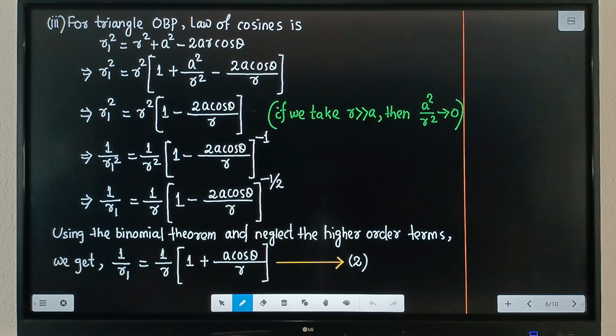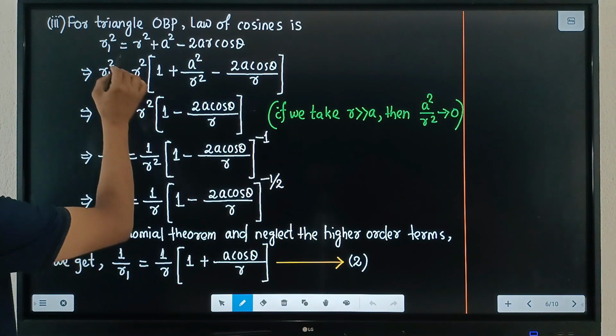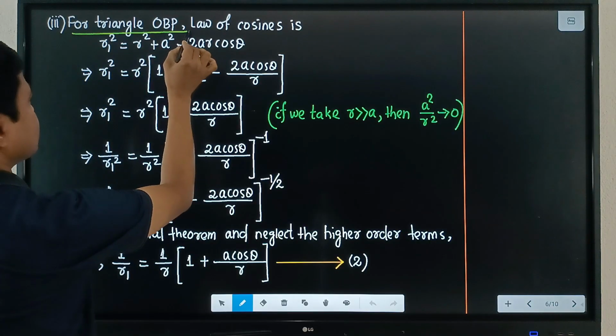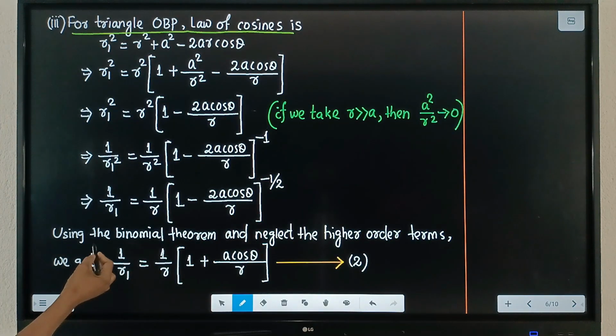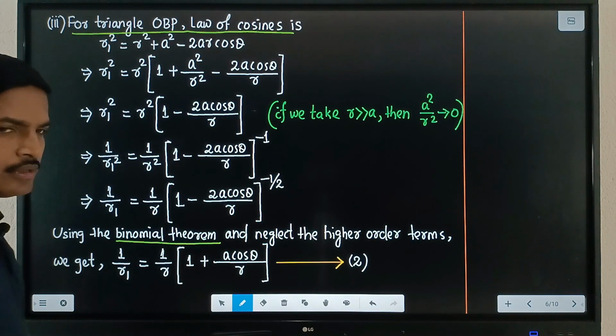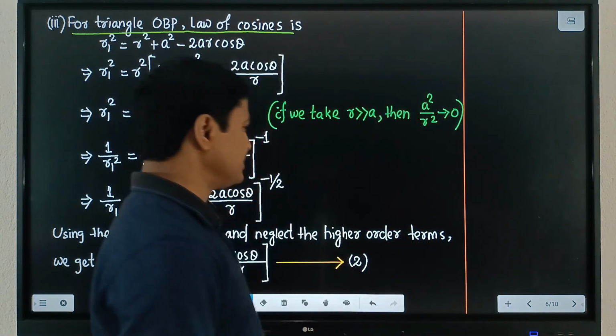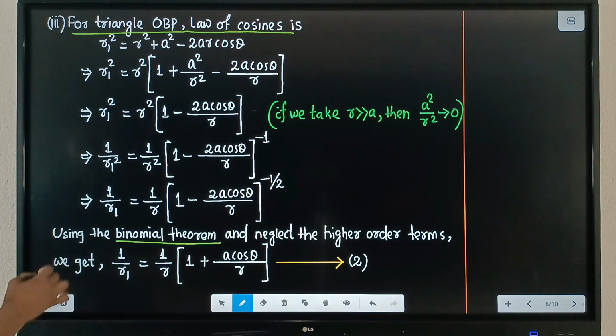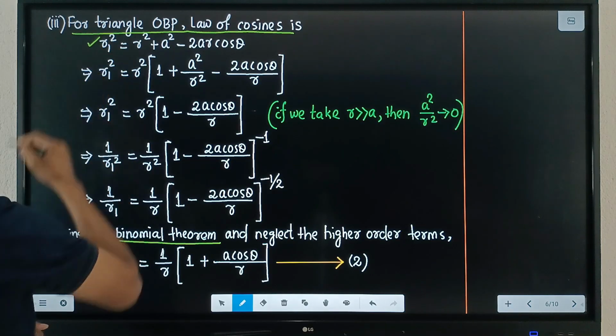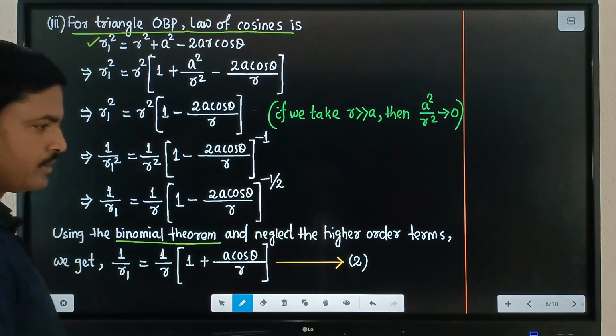So first we calculate 1 by r1. Here we apply two mathematical results: one is the law of cosines and the other is the binomial theorem. Applying the law of cosines and the binomial theorem, finally we get the result.